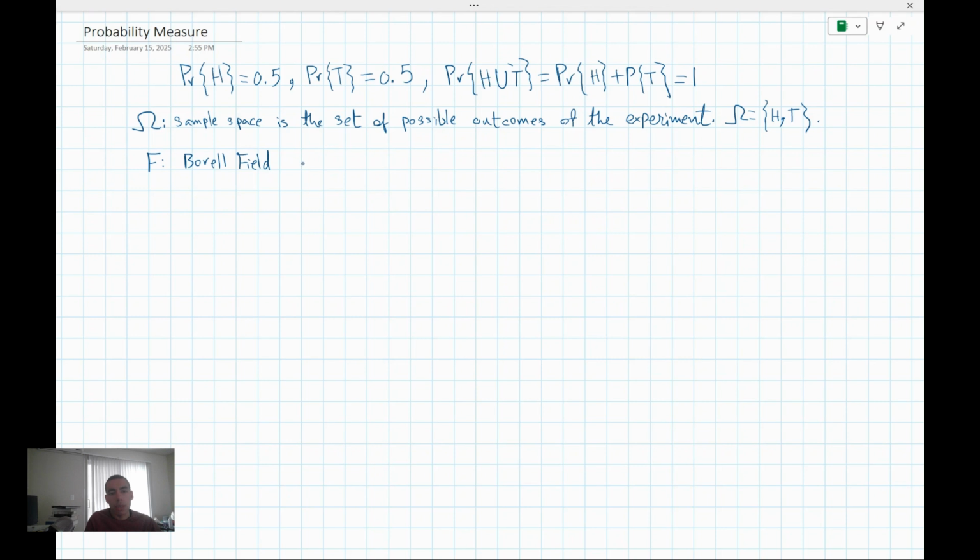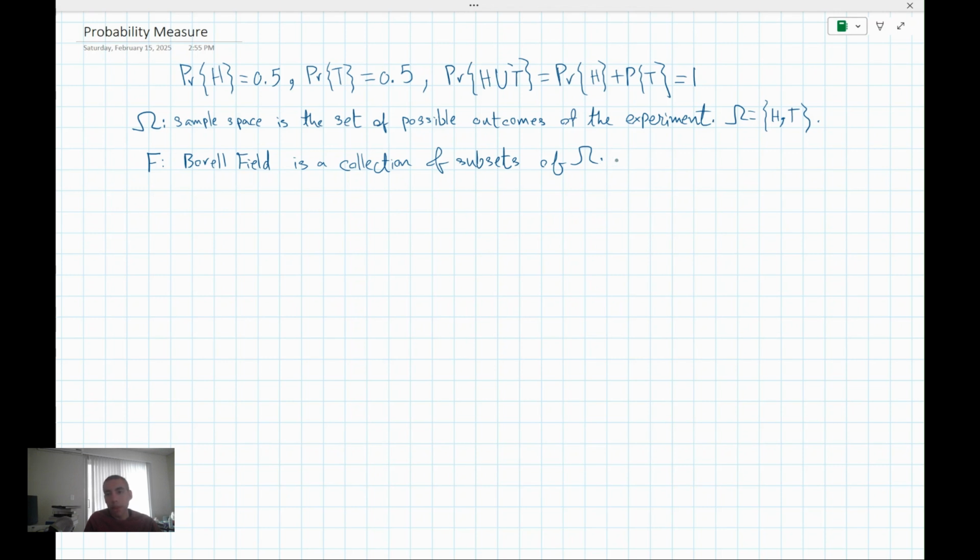So the Borel field is a collection of subsets of omega that are closed under union and complement.